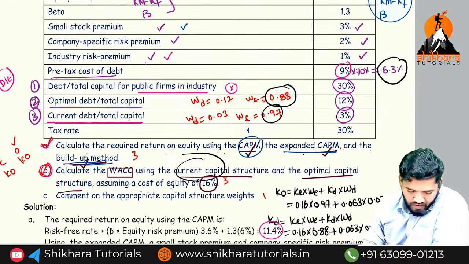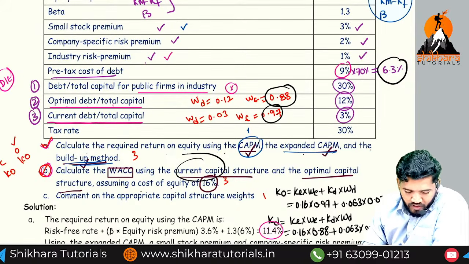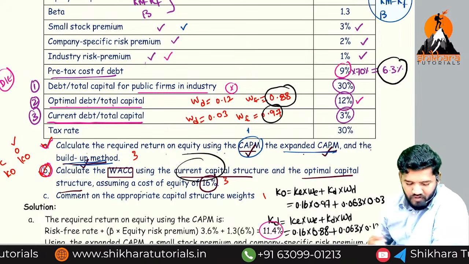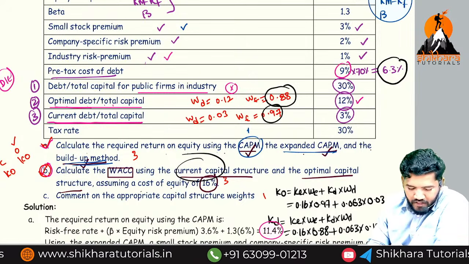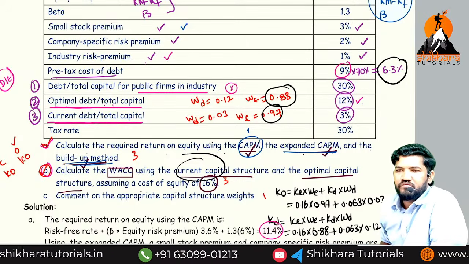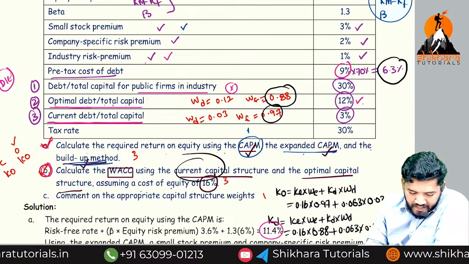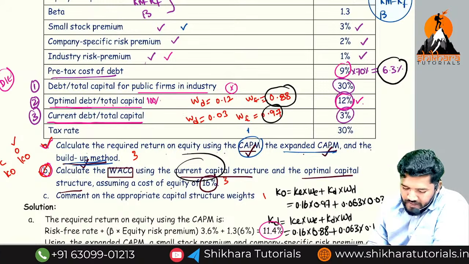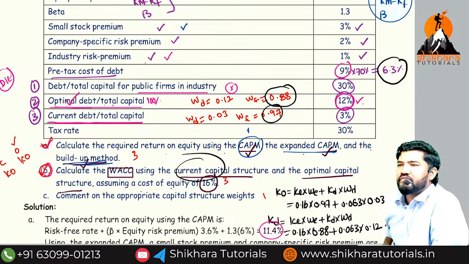Now see, when it comes to the optimal debt to total capital, 12% means what, Nana? Anyone? Optimal debt divided by total capital equals 12%. What is the meaning of that? If the company takes 100% capital, on that 100% capital, 12% is what, Nana? Debt.